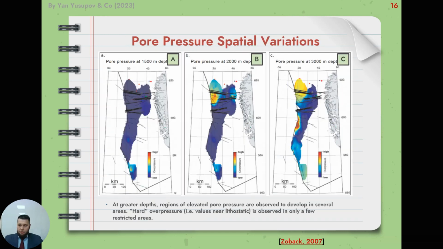This is an example of pore pressure spatial variation. Please note that figure A in this picture shows the depths down to 1,500 meters, and here near hydrostatic values of pore pressure are observed.